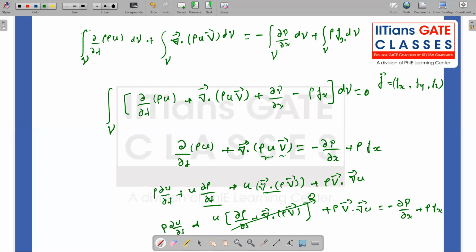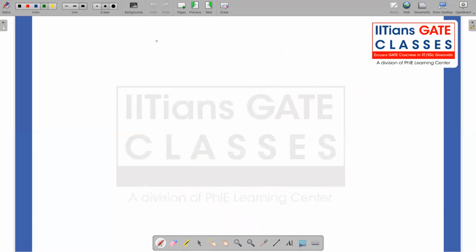So we are left with rho dou u by dou t, rho v dotted with the gradient of the velocity component in the x direction, dou p by dou x, and rho fx. If I write those terms together, that is rho dou u by dou t plus rho v dotted with the gradient of velocity in the x direction minus dou p by dou x plus rho fx.